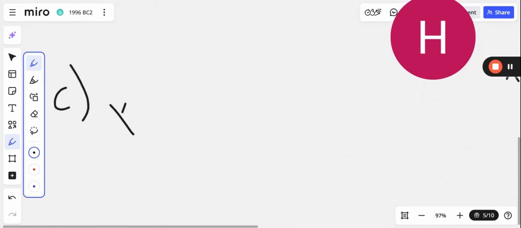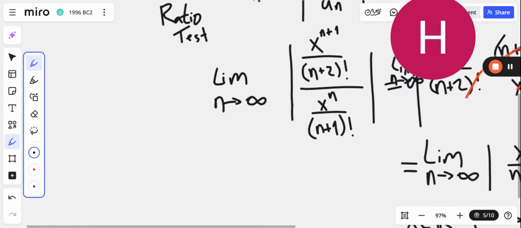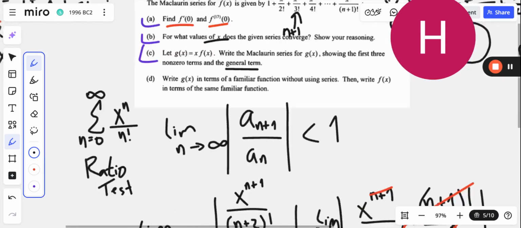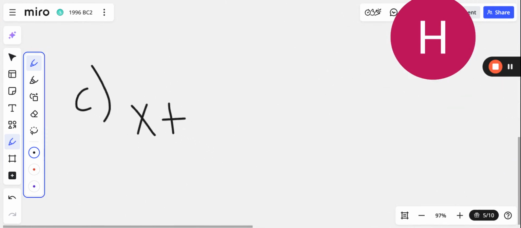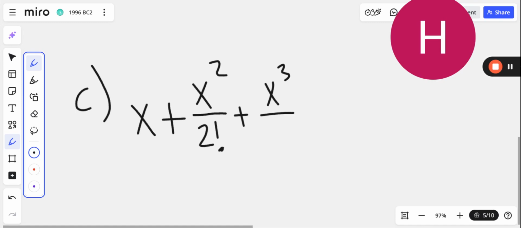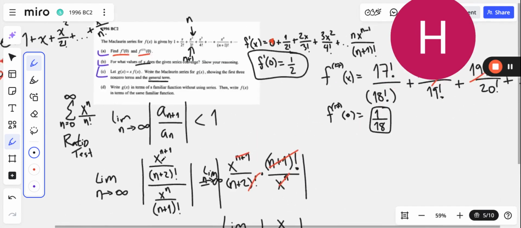So 1 times x plus x over 2 factorial. So it's going to be x squared over 2 factorial. Then it's going to be x cubed over 3 factorial. That's pretty much all there is to this.